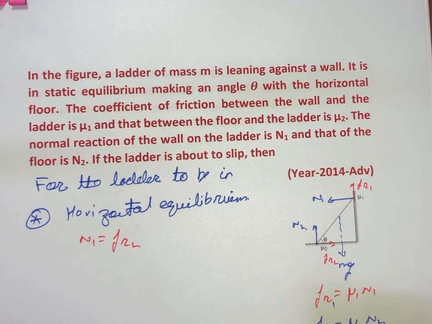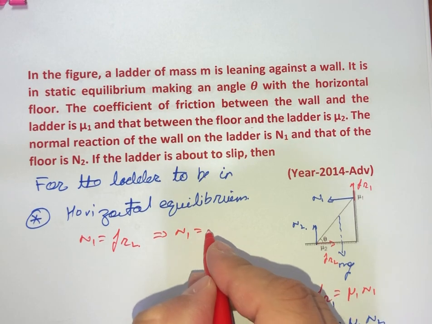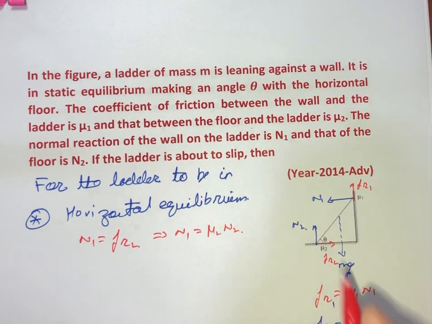Fr2 we already know is mu2 n2. So from here we can say that n1 is equal to mu2 n2.